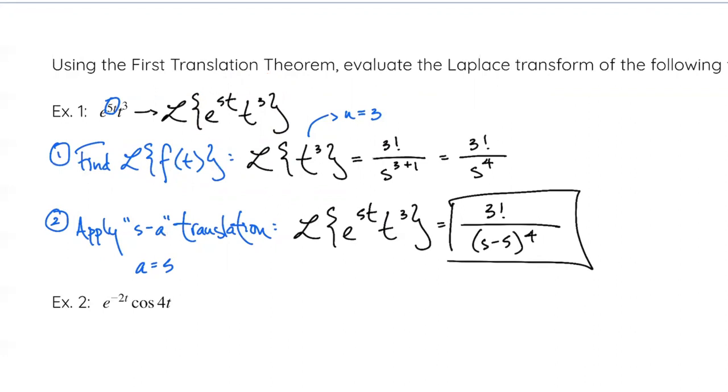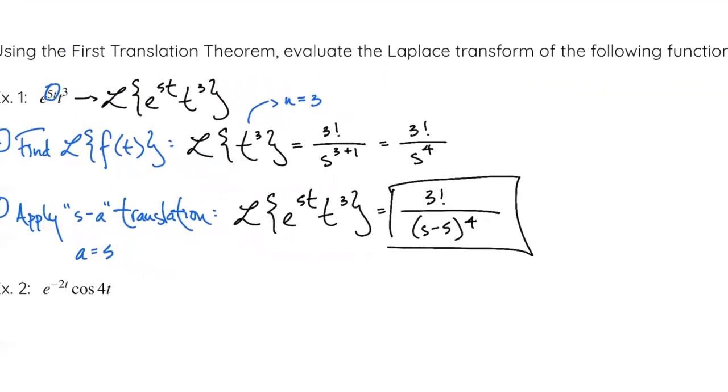Okay, so make sure you can find line 23 on here. That's where that comes from. Okay, so this first translation theorem is actually how we're able to add line number 23 to our table.